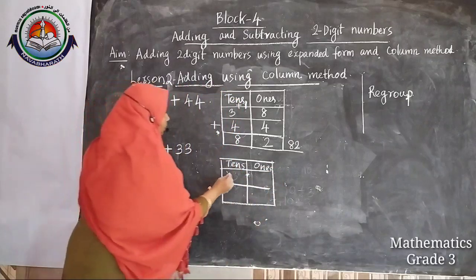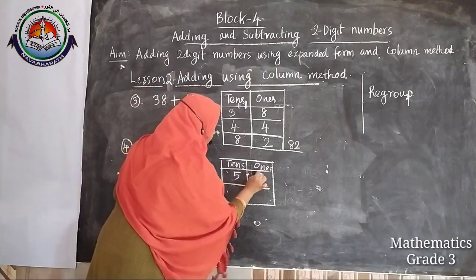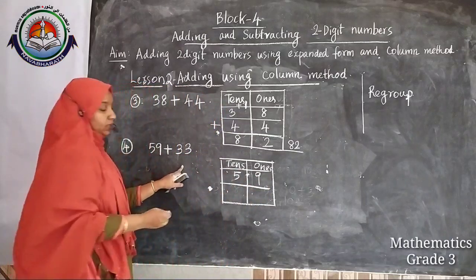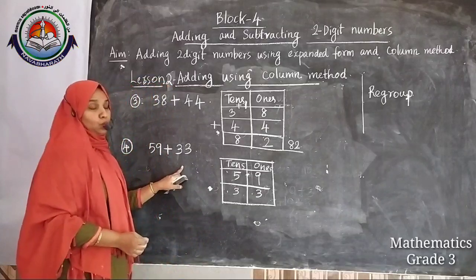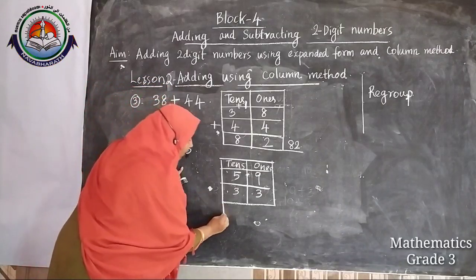Then for 59, 5 tens and 9 ones. And for 33, 3 tens and 3 ones are there. Then we have to add.